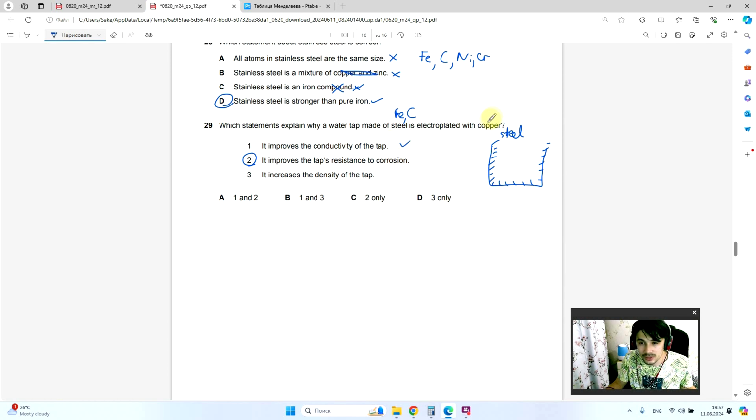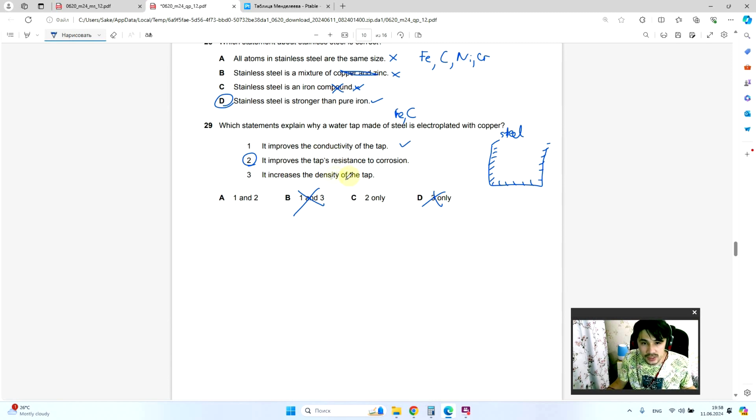So copper doesn't rust. It gets oxidized, but it's just one layer, and what is left under this layer remains the same. So this is the fine answer. So you can cancel out options B and D because we are definitely sure in option 2.